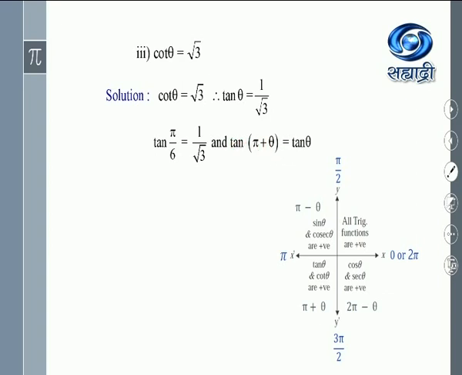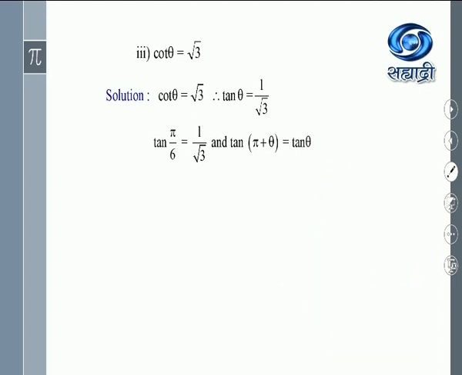So please remember, every time we are getting two values here in the principal solutions. So this figure is very important. Though you are not writing in the solution, you will have to recall that so that your answer is correct. Okay. So here, as I told you, with the figure, or if you are very perfect, no need to draw the all STC rule figure, and write using the rules of allied angles.